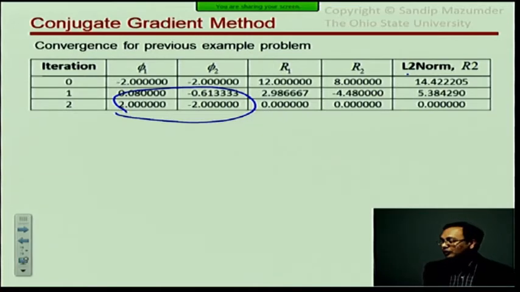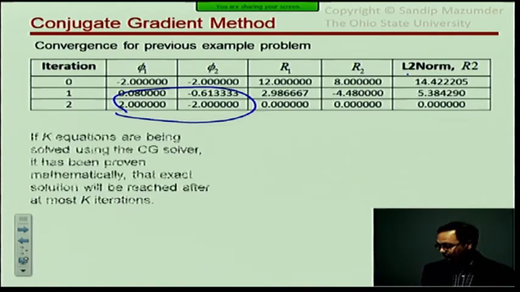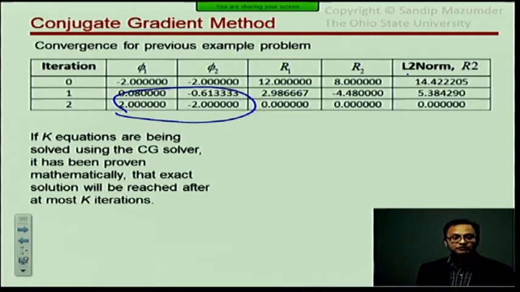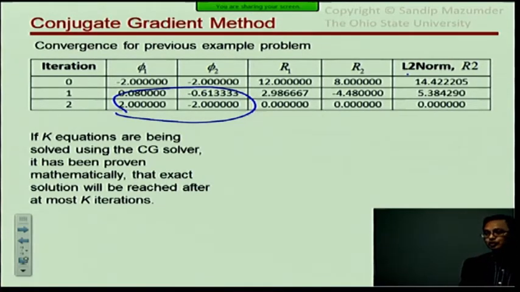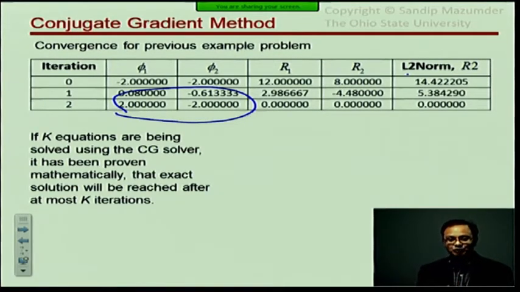If you look in his paper, there's a detailed theorem and proof which says that if you solve k equations, k being, let's say, 100 equations, you're going to get the exact solution to this problem in at most 100 iterations. Okay? By exact solution, I mean your residual will go to 0.00000 and so on. Okay, exact solution.